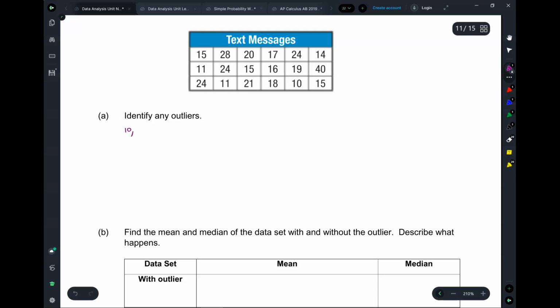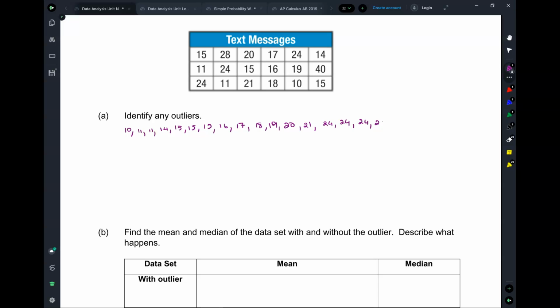So we have a 10, 2 11s, a 14, 3 15s, a 16, 17, 18, 19, 20, 21, 3 24s, 1 28, and a 40. So how many are there? 18 total.